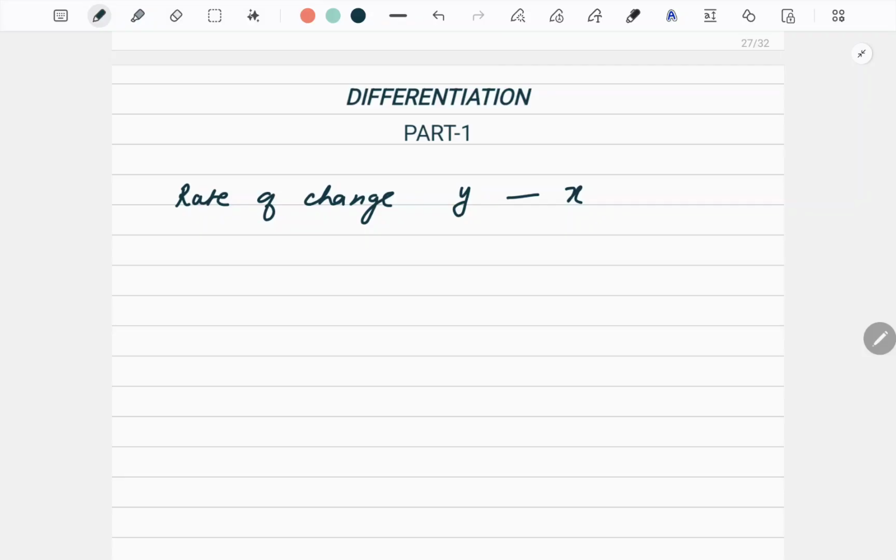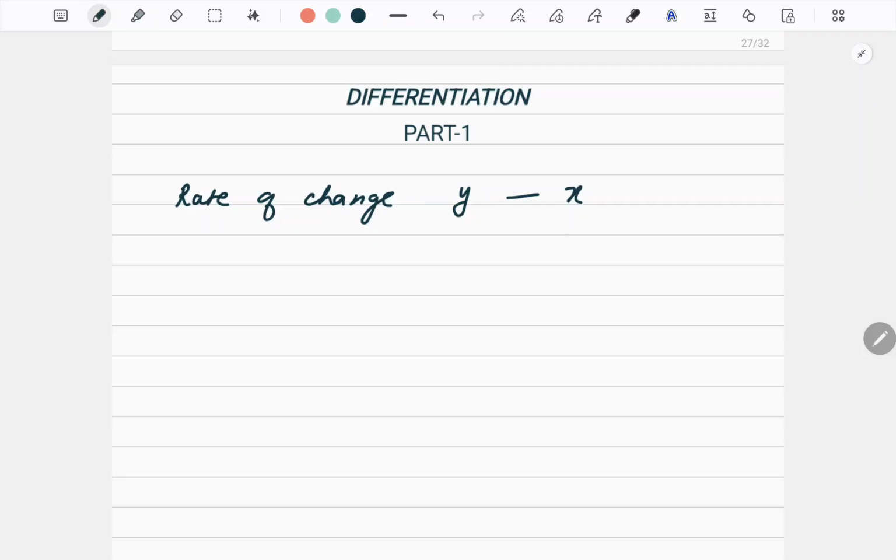Like the way distance changes with respect to time gives me velocity, and how velocity changes with respect to time gives me acceleration. Same concept, right? So when I am talking about the rate of change, I need to have two variables.